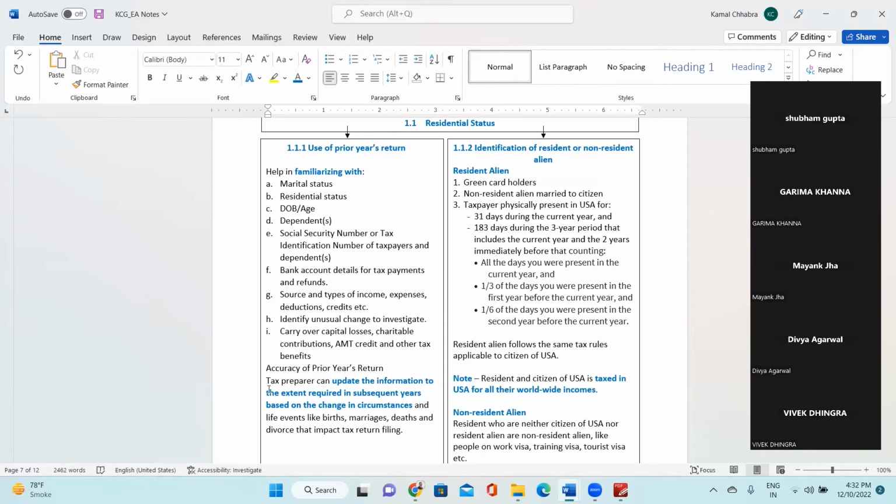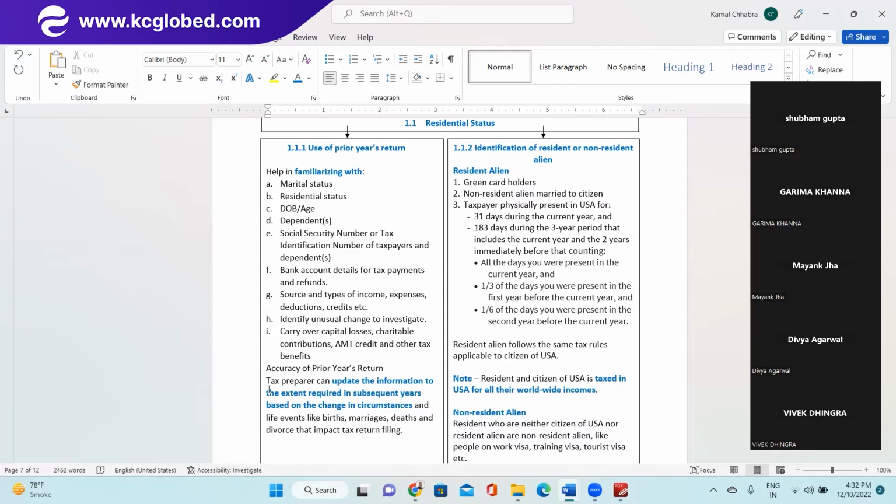Have you heard about NRIs? What is the full form of NRI? Non-resident Indian, right? In the same way, in the US it is called non-resident alien.